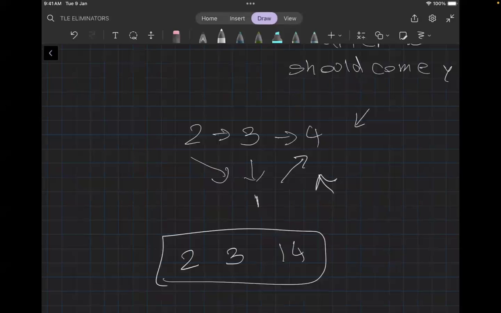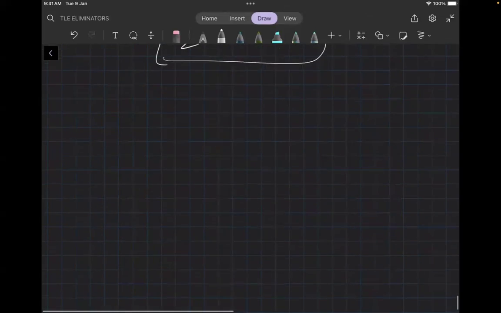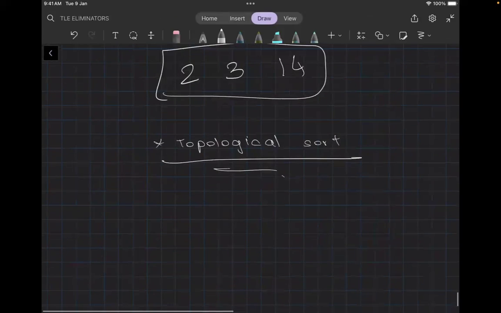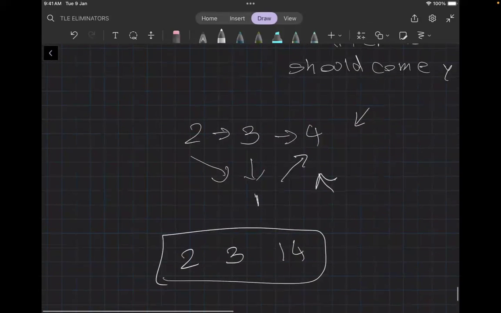Okay. Now there is a simple claim that we can make. And this claim comes from the concept of topological sort, or topological ordering. Basically, if I had to order these elements such that all these conditions are satisfied, how would I have done this?